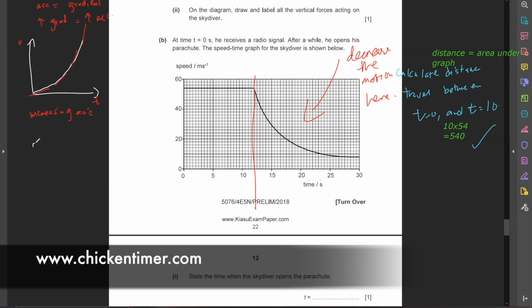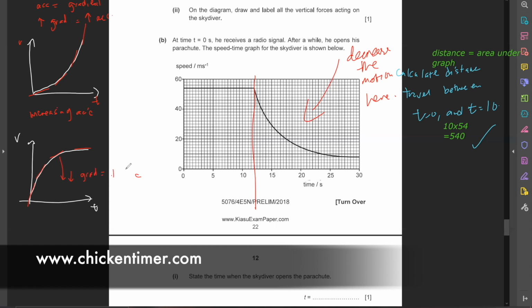So I will draw decreasing. The gradient is going down. Increasing acceleration means, or decreasing, the gradient becomes shallower and shallower.